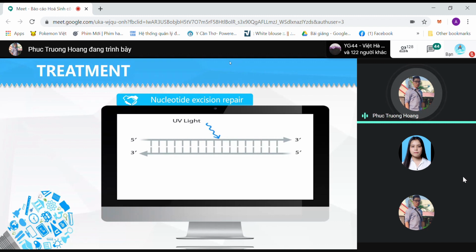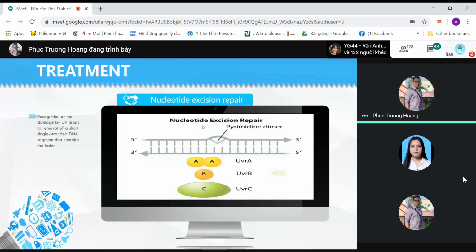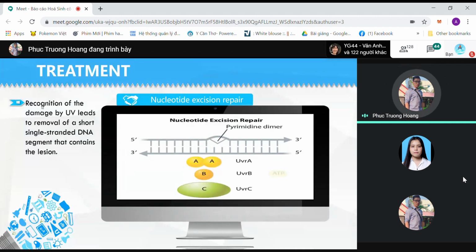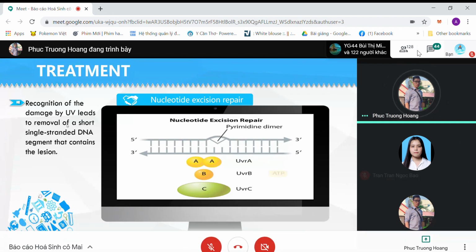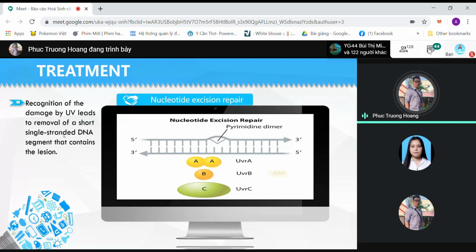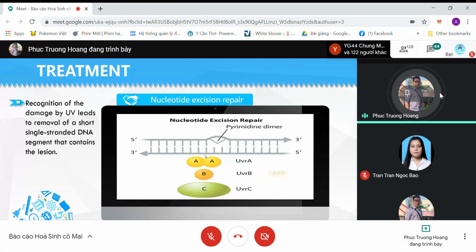DNA damage occurs constantly because of chemicals, radiation, and also ultraviolet light. With this technique, we can recognize the damage by UV light, and then they remove the short single-strand DNA segment that contains a lesion.